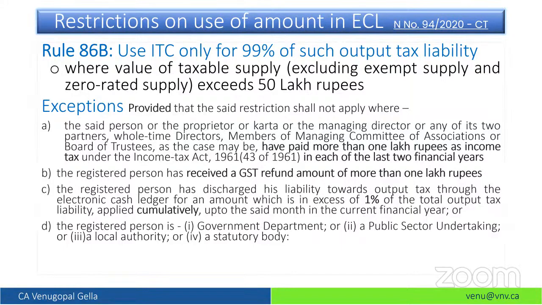Again, this is not applicable. This is also not applicable if you are making an income tax payment of more than 1 lakh rupees. If you are a government sector, public sector undertaking, local authority, or statutory body, again this provision would not be applicable.